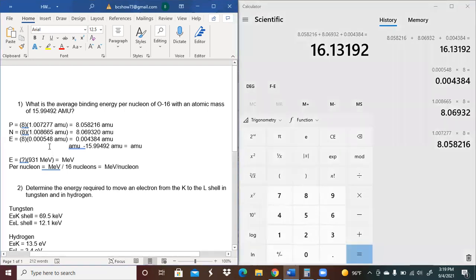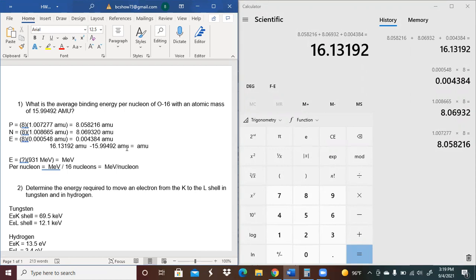So adding all of that up comes to 16.13192. That's how many AMUs that we have.